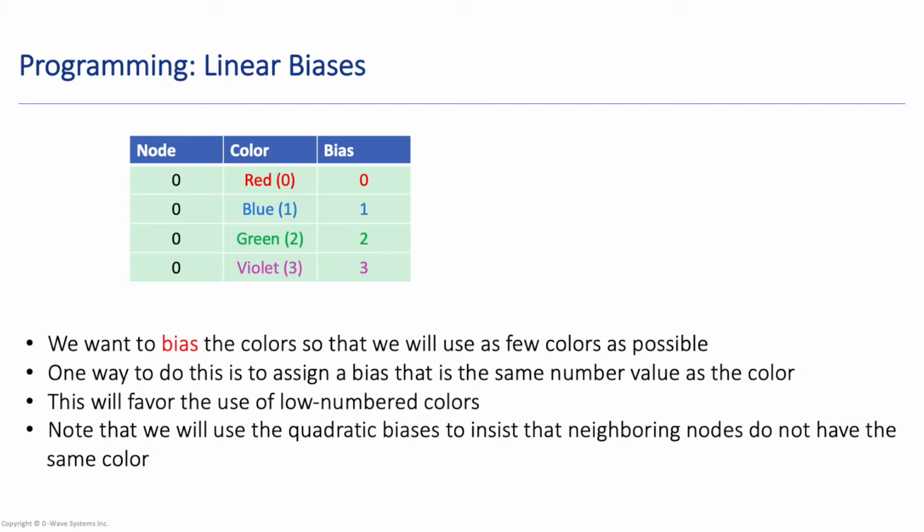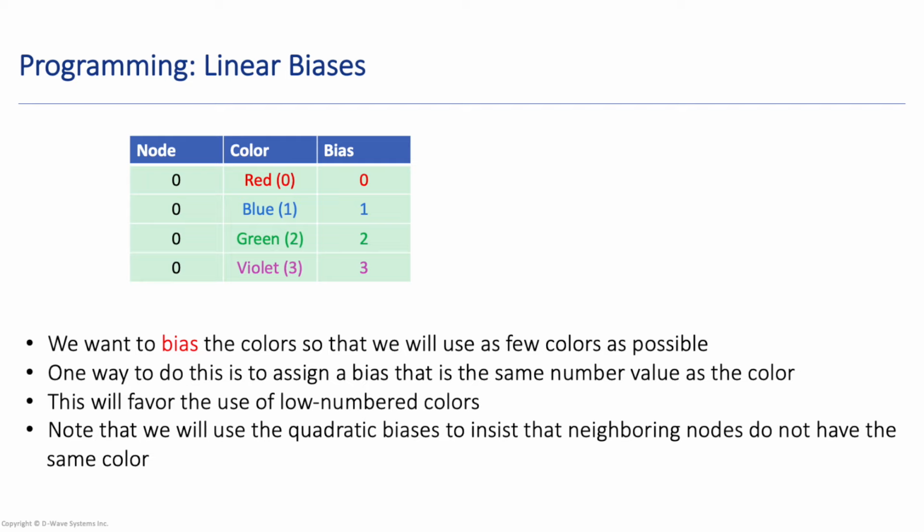And one way to do that is just to say, okay, if you use red on a particular node, you'll have an energy cost, a bias of 0. If you use blue, you'll have a cost of 1, and green 2, and violet 3. And this is arbitrary.